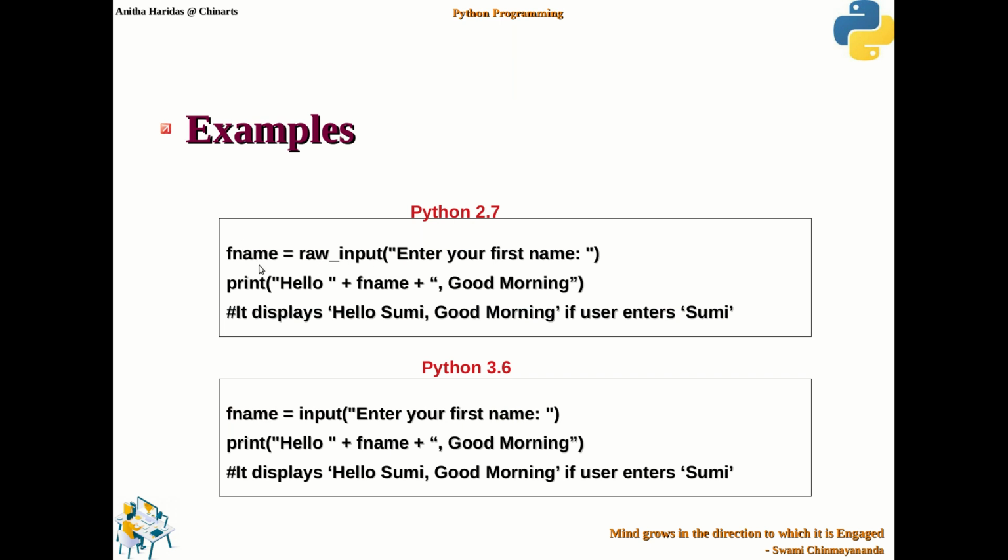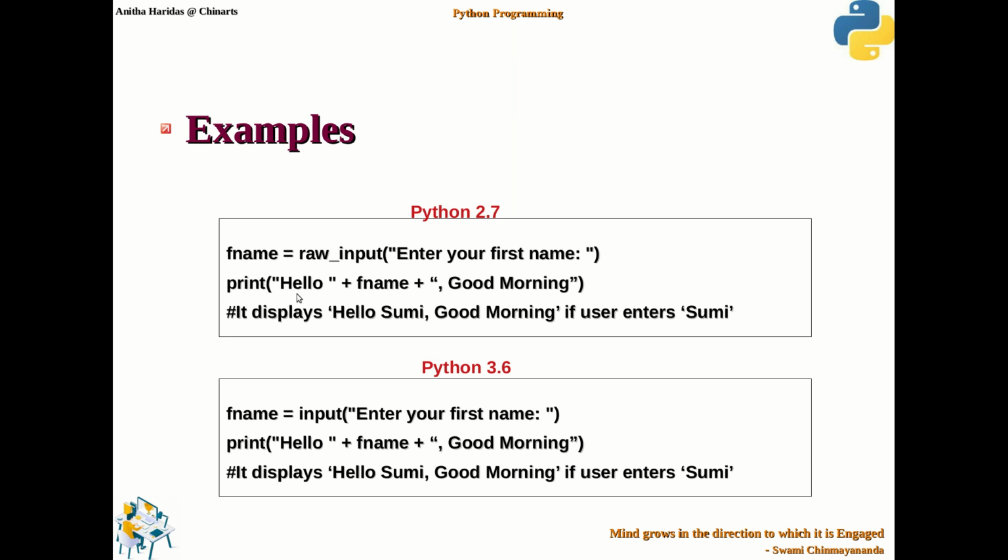You can just have a variable here on the left hand side, then equal to, you give the method raw_input, and this is going to be the prompt for reading the data. So when you run the statement, it will say enter your first name, and the cursor will be blinking. You can enter the data. Once you have entered it, the data will be assigned to the variable called fname.